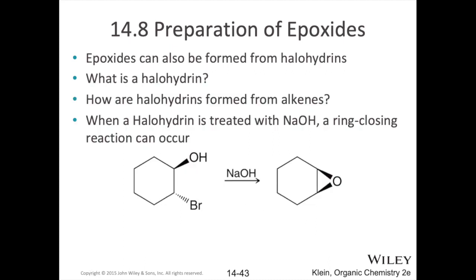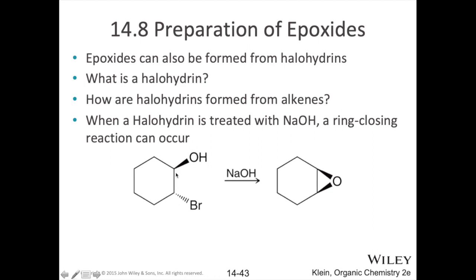Okay, so that being said, another way to make an epoxide from something we've seen back in chapter 9 is the halohydrin reaction. We saw how to do the halohydrin reaction, right? We would take an alkene and react it with bromine, but using water as a solvent instead of, let's say, carbon tetrachloride. And we would wind up doing an anti-addition of bromine and an alcohol group, right?